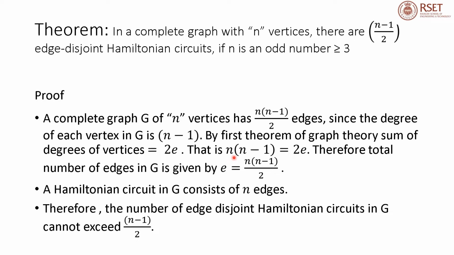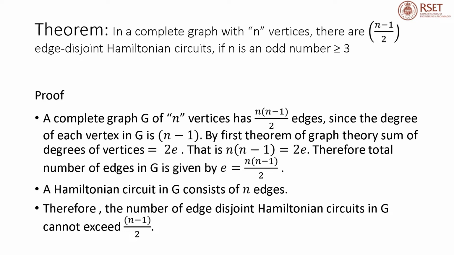Since each vertex is of degree n minus 1, the sum of degrees equals n(n minus 1), which is equal to 2E, and therefore the total number of edges in G is E equal to n(n minus 1)/2. A Hamiltonian circuit in G consists of n edges with n vertices. Therefore, the number of edge-disjoint Hamiltonian circuits in G cannot exceed (n minus 1)/2.